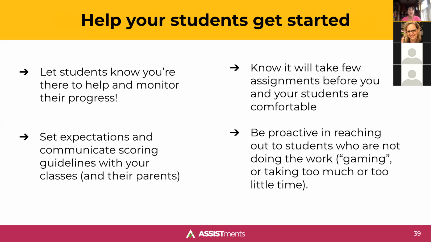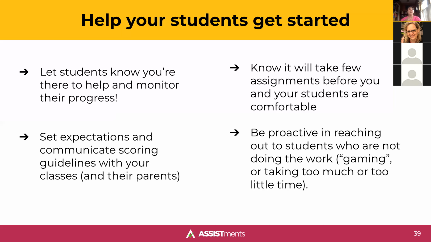I mentioned a couple times for this next tip: make sure that you're looking at ASSISTments as a scoring guideline and not a grading guideline. Think about how you normally grade your homework regularly in class and think about how that's going to adapt to ASSISTments. We're not a grading tool. That's not why we were created, but we are here as formative instruction.